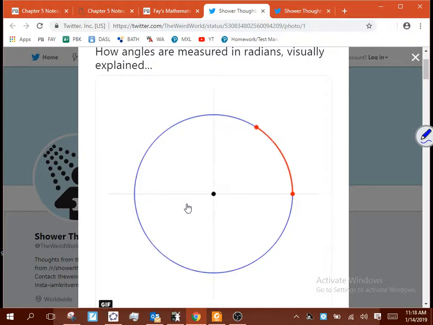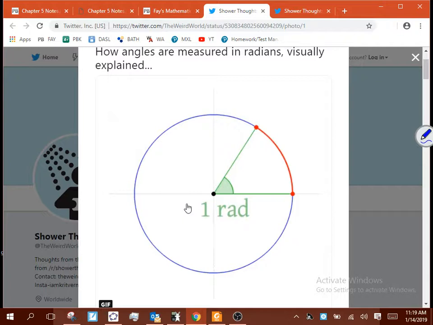Now, what we create here, a lot of times we refer to this as a subtended arc or a subtended angle. It just basically means it's an angle that's created by those two green rays. That angle right there we consider to be 1 radian.